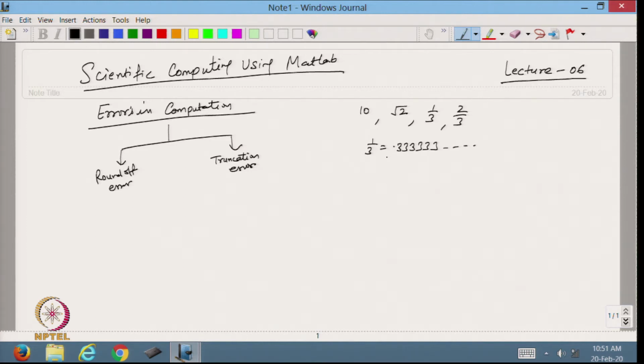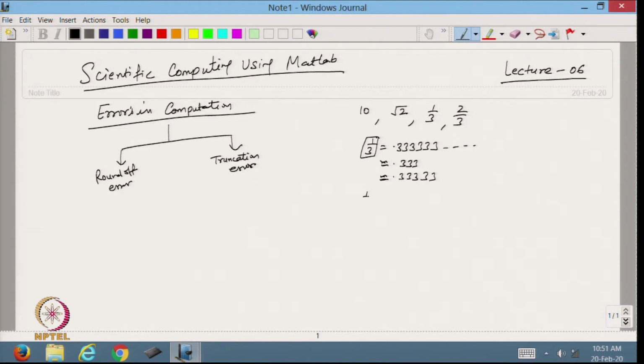and so on. This is the number we have in floating point form. In the computer, suppose I take the value of 1 by 3 as 0.333, or maybe I can take an approximate value 0.33333, and I stop here. In this case I have introduced an error, because I am approximating the number 1 by 3 with 0.33333.